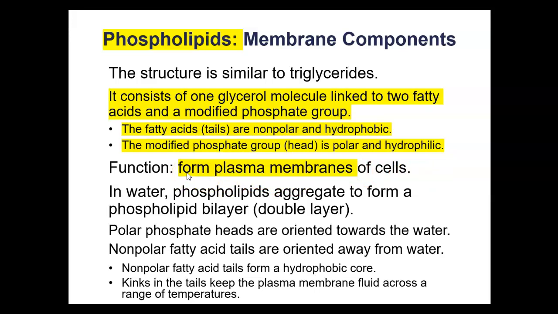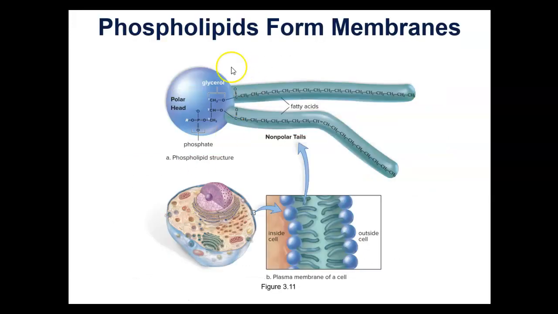So phospholipids are found in the plasma membranes of cells, and here you can see the glycerol molecule and the phosphate form the head, and it is polar, so the head is soluble in water, and then the two fatty acid tails are nonpolar. So in the plasma membrane, you have a double layer of phospholipids.